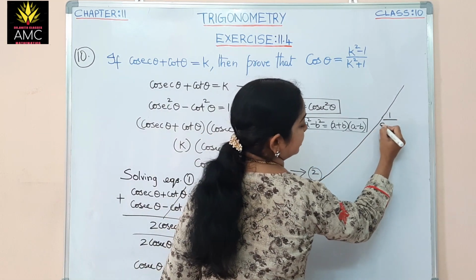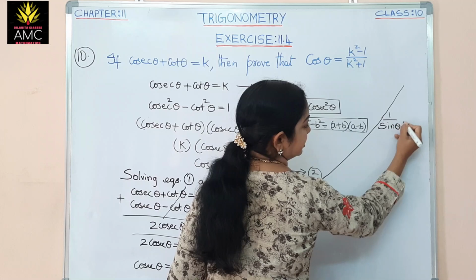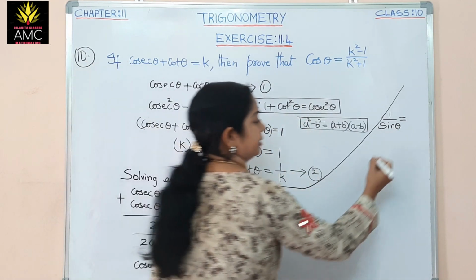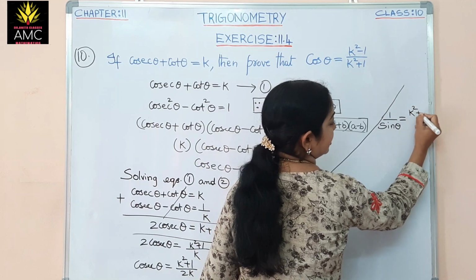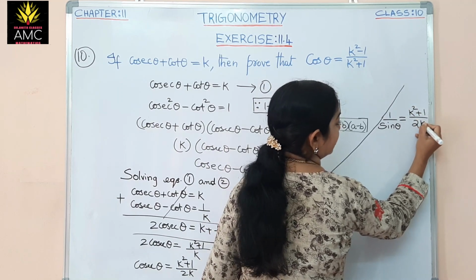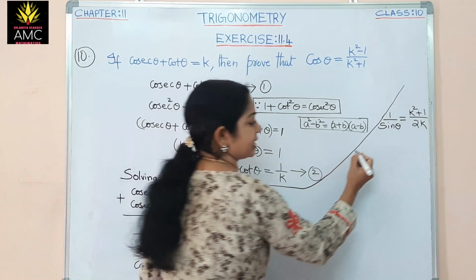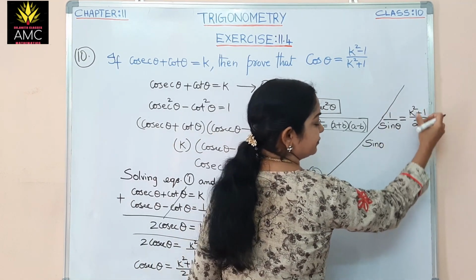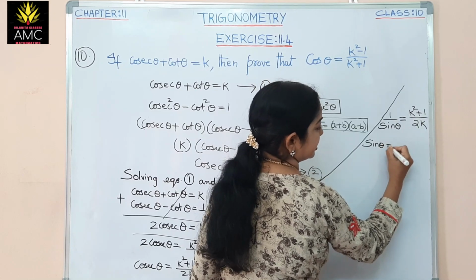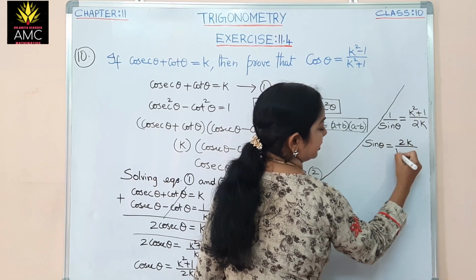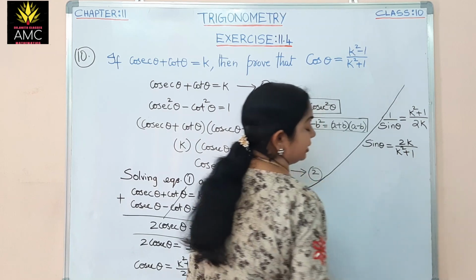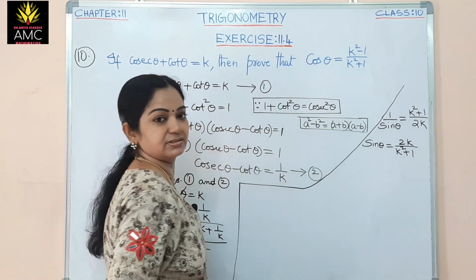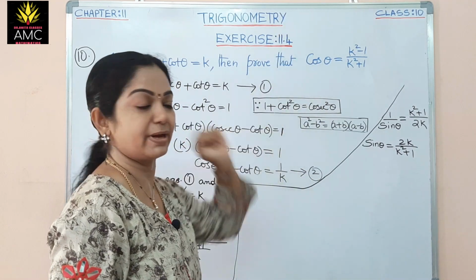So cosecant theta is 1 by sine theta, and clearly we got it as (k square plus 1) by 2k. Now from this equation, if I want simply sine theta, you do the reciprocal and shift this side also. Sine theta is equal to 2k by (k square plus 1). Now, the question asked is to prove cos theta is something, cos theta is (k square minus 1) by (k square plus 1).